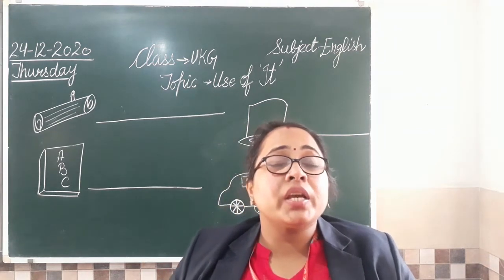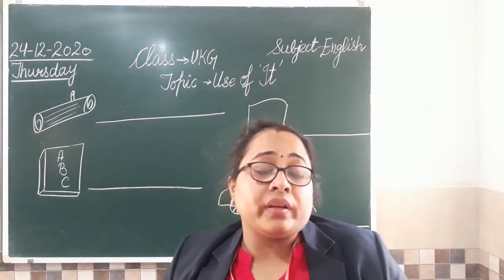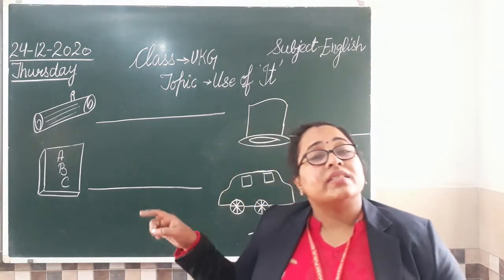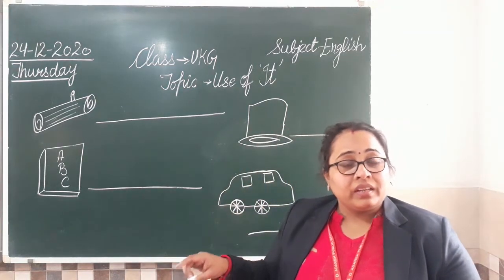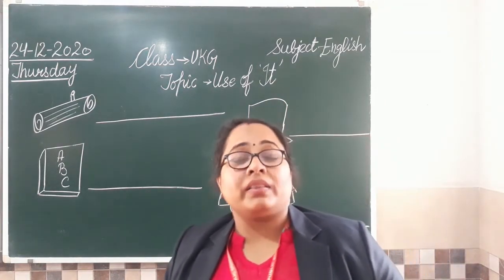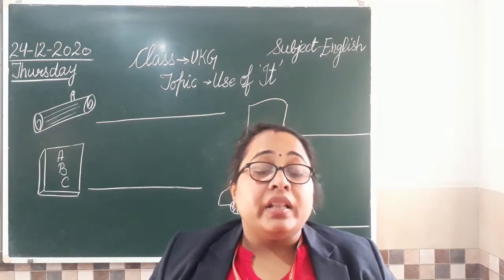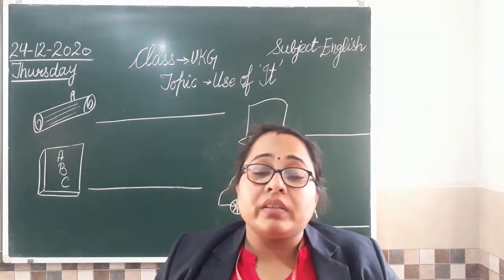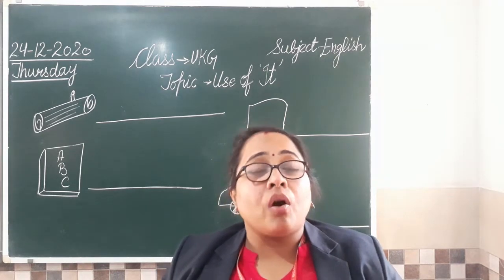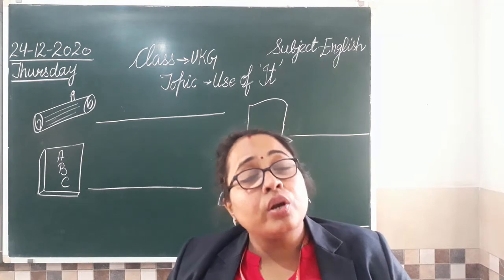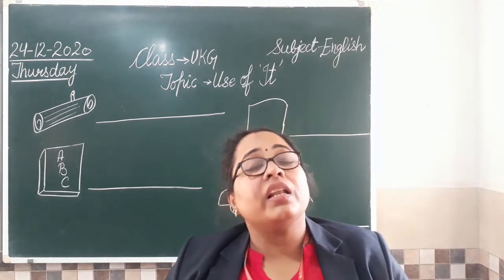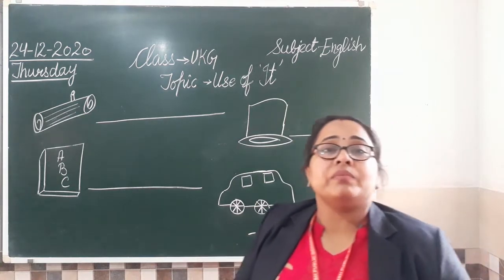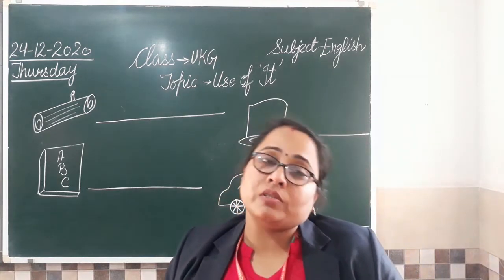Why not he or she? Because we don't know whether that animal is a he or she. तो हम क्या बोलते हैं? It is a lion. Clear? तो जब हम एनिमल्स की बात करते हैं, we use again it. लेकिन अगर हमारा पेट है, we know whether it is he or she, so you can call that also. Understood? So it is basically used with non-living objects, and sometimes it is used for animals also.